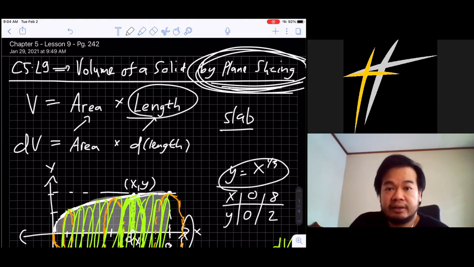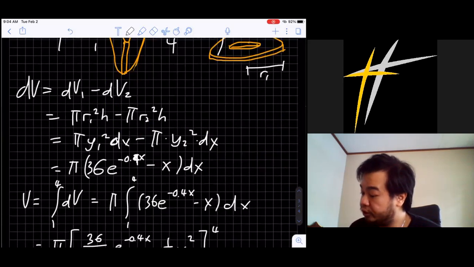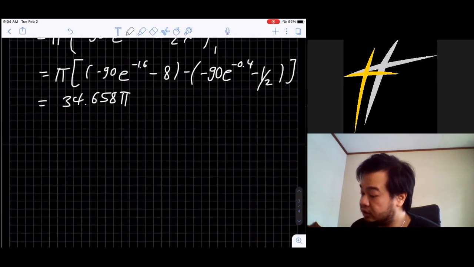Yeah, so the method that is used right now is called plane slicing method, volume of a solid by plane slicing. Okay, once you realize this fact, you can find volumes of solids that are not generated by rotation. All you have to do is find the cross-sectional area in terms of the displacement perpendicular to the cross-section.